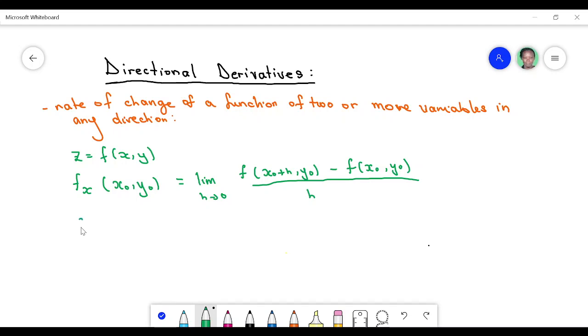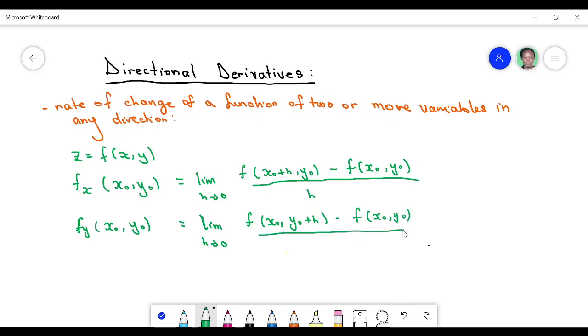Then the partial derivative with respect to y is also equal to the limit as h approaches 0 of f of x naught, y naught plus h, minus the function at x naught, y naught, divided by h.